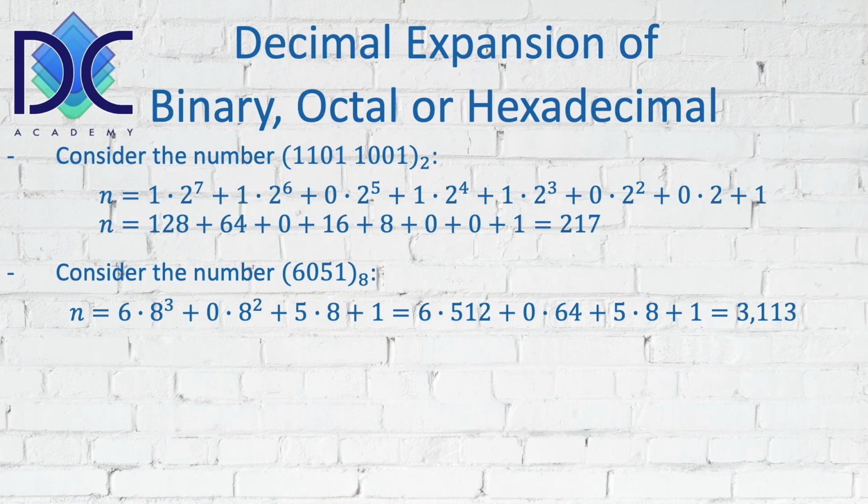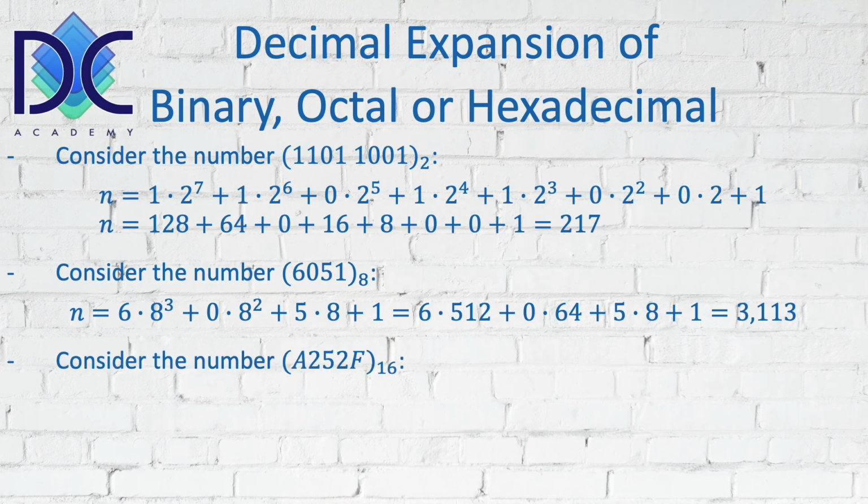So basically when we add up all the things, 8 to the power 3 is 512, 8 to the square is 64, 8 is 8, and then we have 1. And we add all those numbers, we find a total of 3,113. This is the decimal expansion of the octal number 6051.